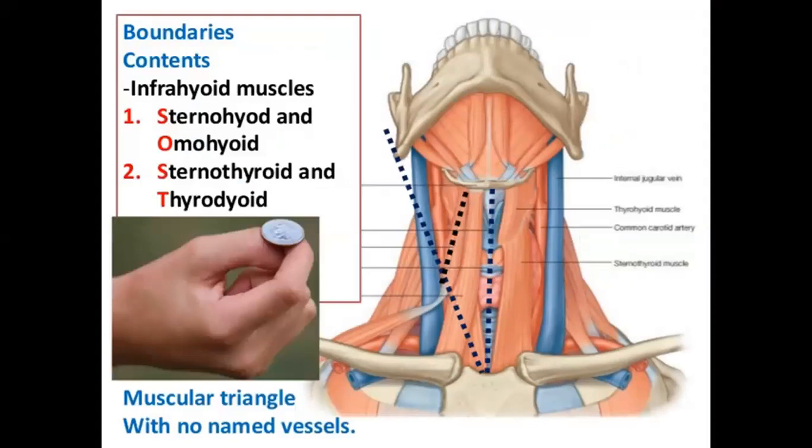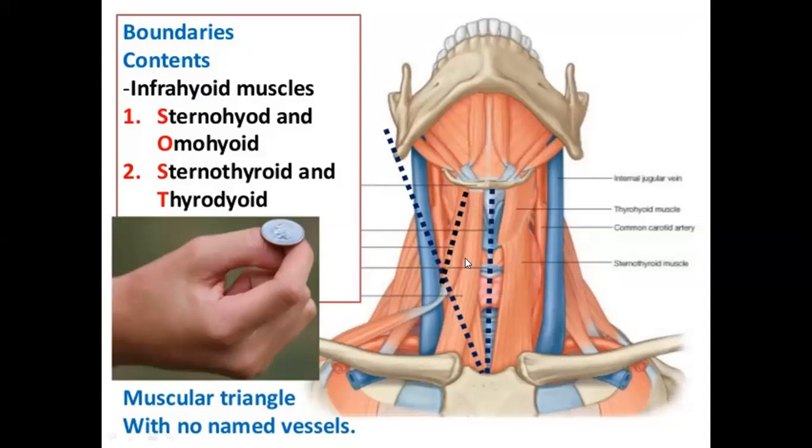Now the muscular triangle. The muscular triangle is again a very small short note question. As the name indicates, it is made up of only muscle. No other contents are there. Anteriorly it is bounded by the midline, the dotted midline you see from symphysis menti to suprasternal notch, and posteriorly by the superior belly of omohyoid.